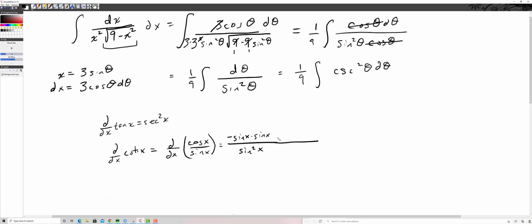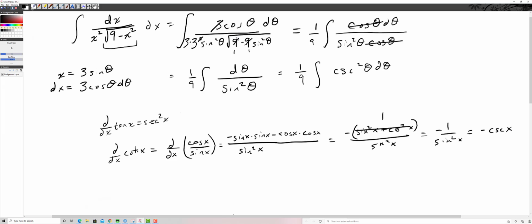Then take the derivative of the bottom, we have to put a minus sign in there, times the top. So that's minus cos x, cos x. So here we have minus sine squared x plus cosine squared x divided by sine squared x. These just cancel to be 1, and we have minus 1 over sine squared x, which is minus cosecant squared x. So again, know your trigonometric identities, and you might not even need to know your trigonometric derivatives.